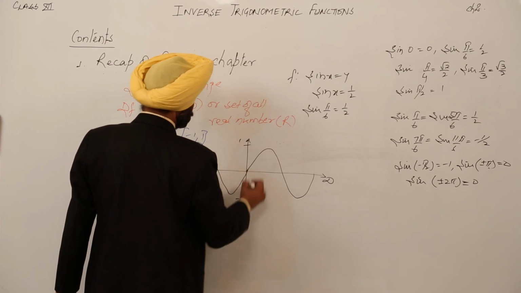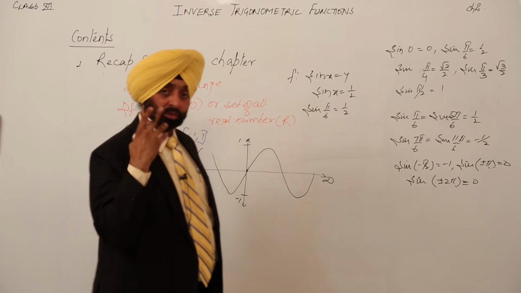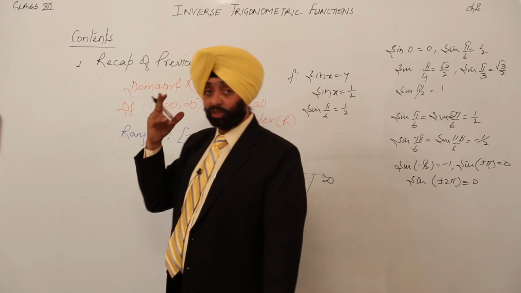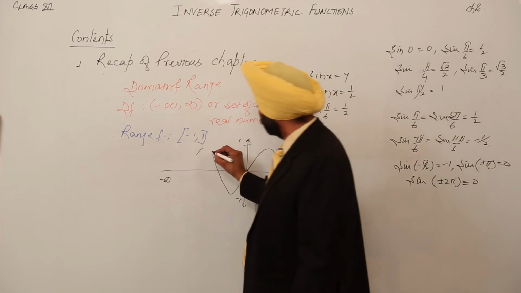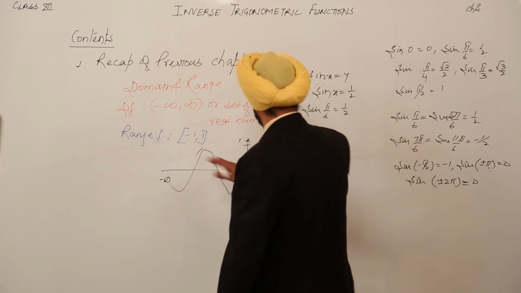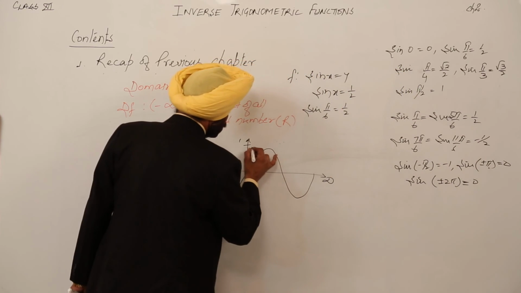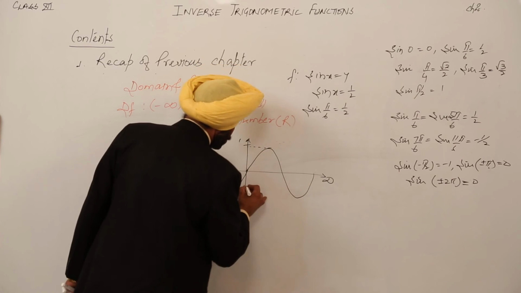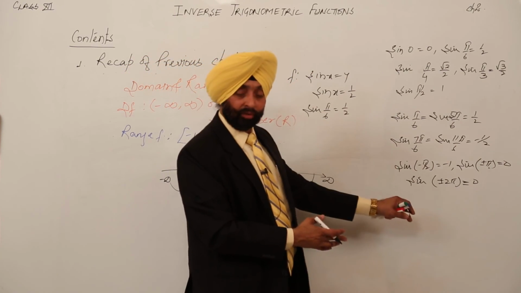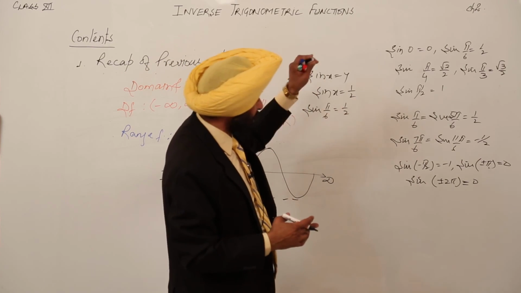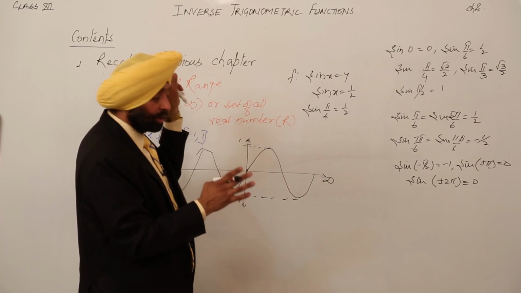We are going to see very nice graphs when we do the graphical representation of inverse trigonometric functions. This graph can extend on this side and this side also. From here it is 1, here it is minus 1. So all the values we have written, if you find them algebraically, will never cross minus 1 and 1.